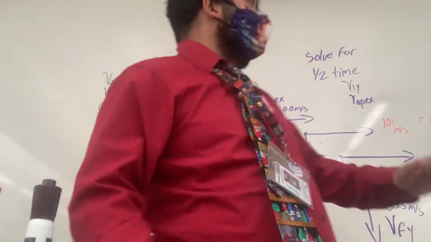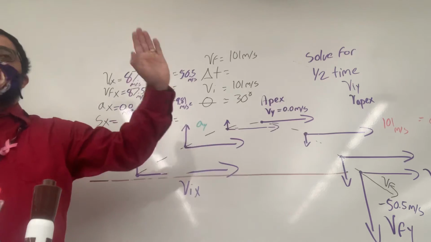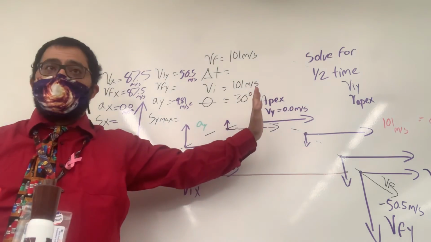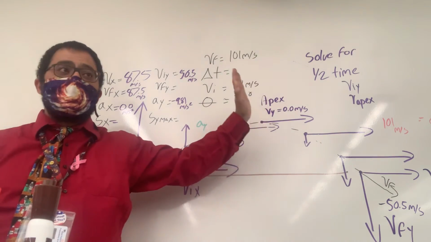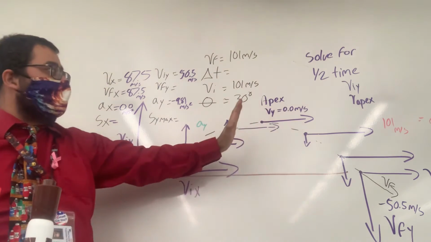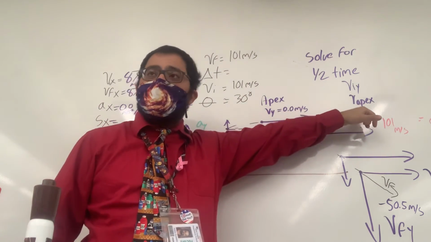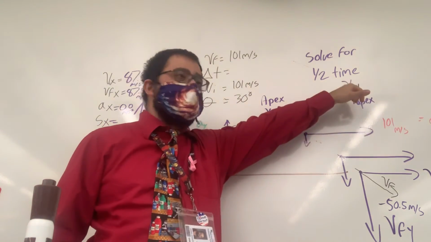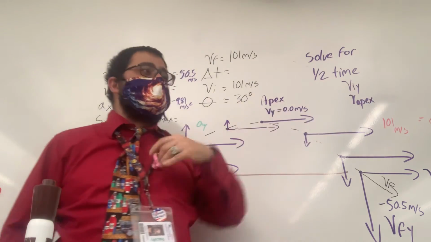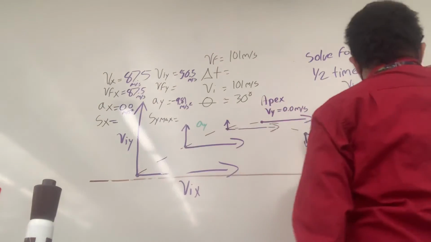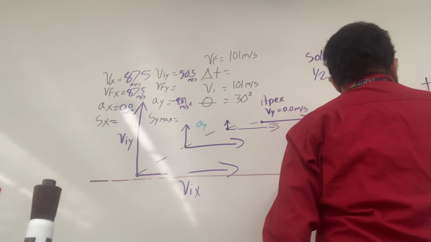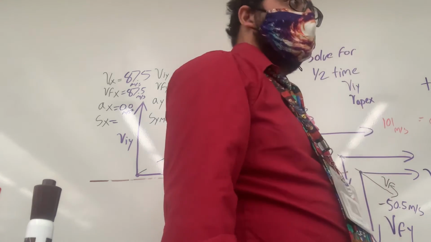Okay? So we are only doing half the trip. Does everybody understand that? So we are using the velocity of the y at the apex and the initial velocity of the y to figure out the time. The half time. Yes?